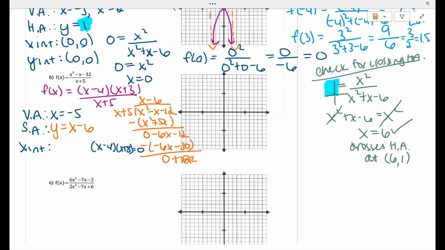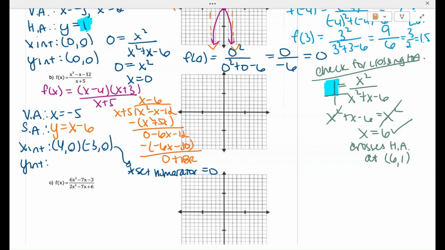So your coordinates, and this is a little squished, I apologize about this, should be 4 comma 0 and negative 3 comma 0. And I'm just going to write a reminder here that we set the numerator equal to 0 and solve for x.